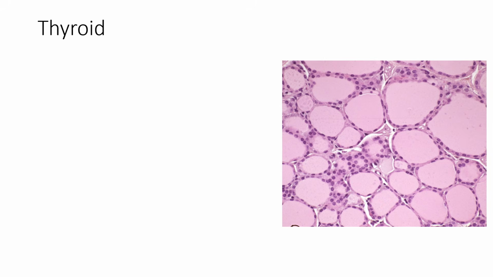The thyroid has these structures. So all these little circular structures are individual units of the thyroid. They're called thyroid follicles. Thyroid follicles have two important components.